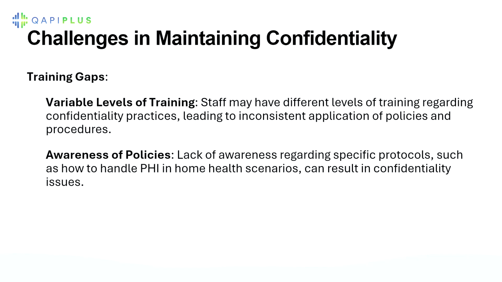The other is awareness of policies, right? So maybe we aren't as knowledgeable as we need to be. Maybe we glossed over the training or just kind of reviewed something or were distracted when we were a part of a training. So we really want to make sure we understand what our organizational policy is around protection of patient information and confidentiality and how to handle protected health information in home health scenarios.